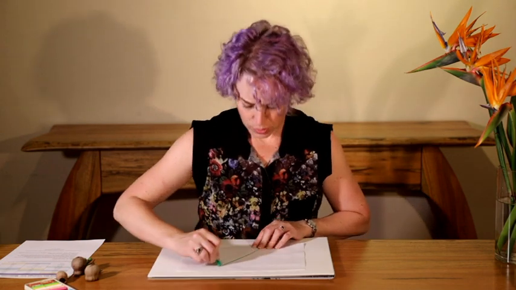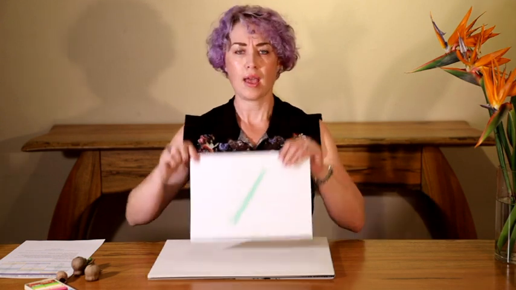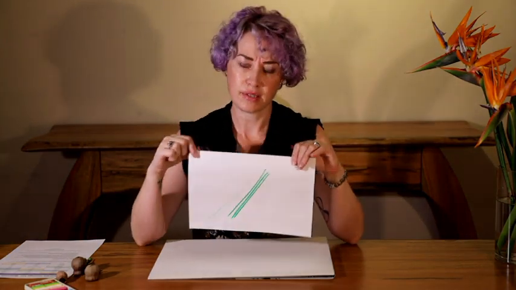Now with mark making, what you can do, and I'm going to use one of these A4 sheets of paper that I mentioned earlier, is you can have a little play to start off with. See what happens when you run your material across the page really lightly. What happens when you pull it across really heavy, and have a look and see what the difference is there.